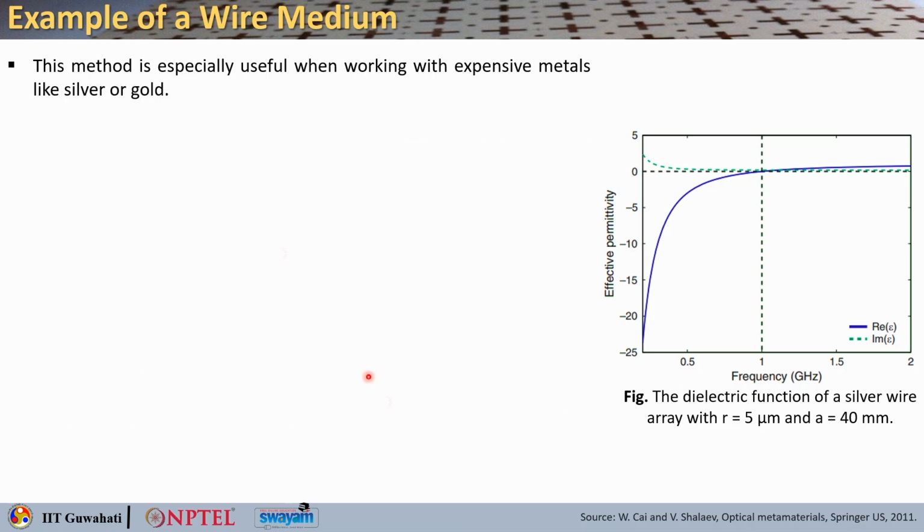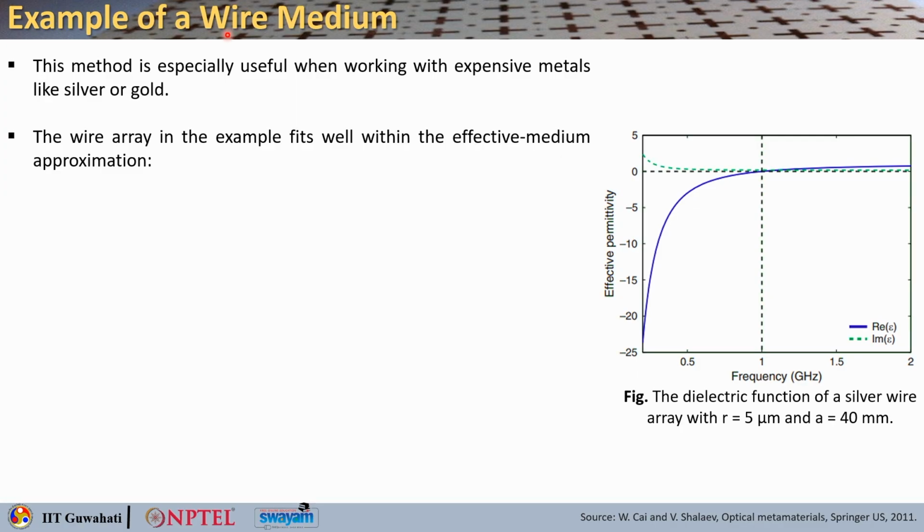Why do we need to do that? Because this method keeps the material cost low. When working with expensive materials like gold and silver, it would be expensive to have the entire wire made of pure metal. You can go with that kind of coated structure.